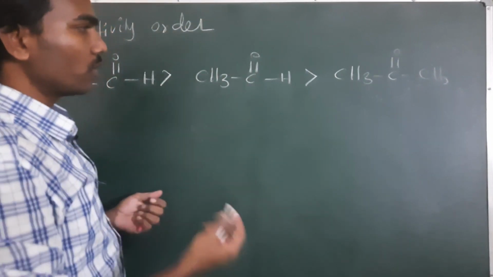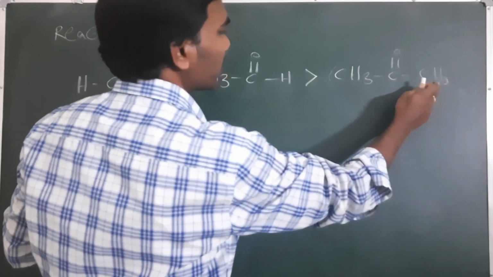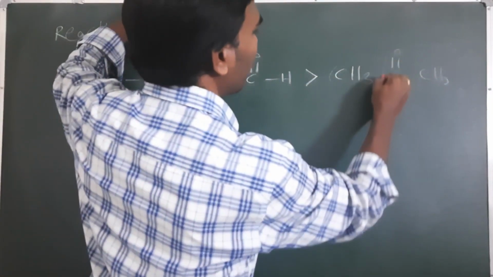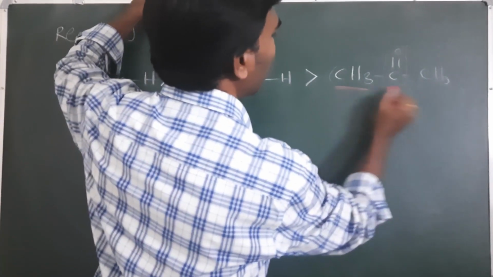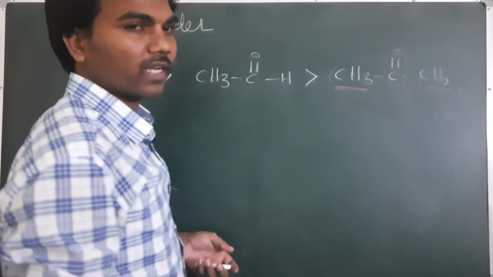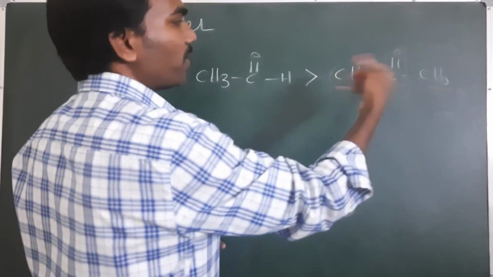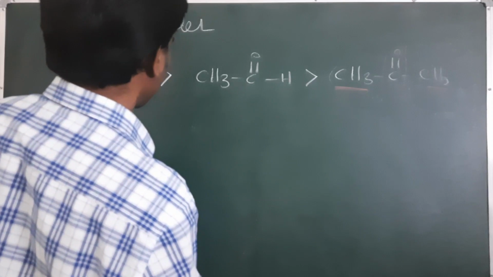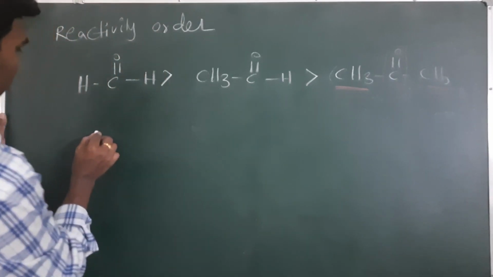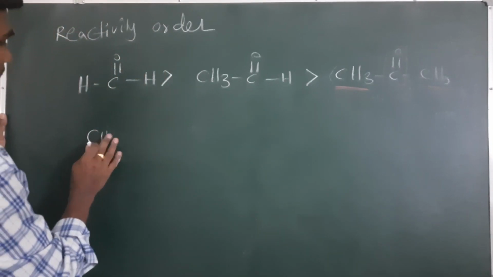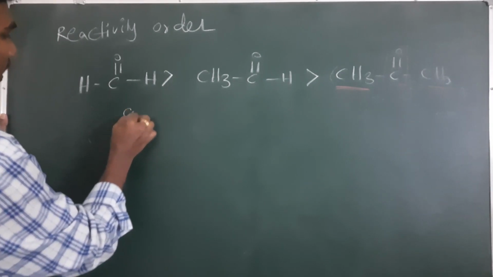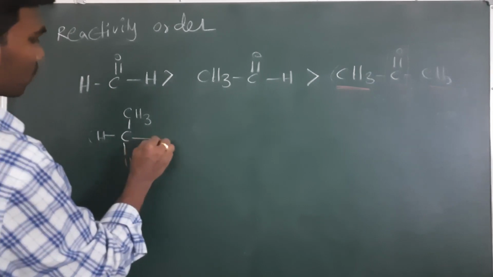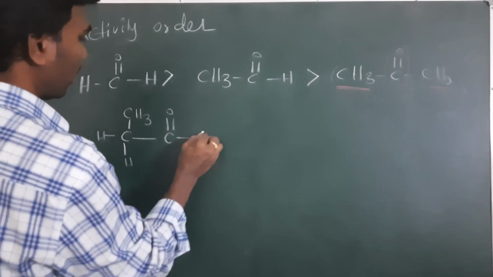If you are taking ketones, this is a symmetrical ketone. What is meant by symmetrical ketone? For a carbonyl compound, if the same alkyl groups are on two sides, we call them symmetrical ketones. If you are selecting different ketones, the reactivity order will be like this. I am selecting carbon with CH3 and hydrogen, C double bond O, and CH3.